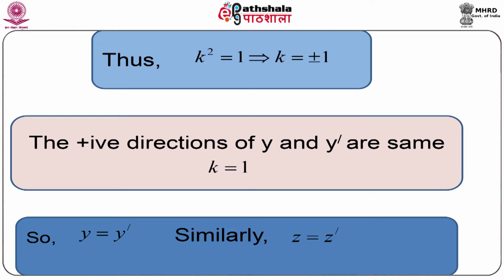Taking square root, we get k equal to plus minus 1. Since positive directions of y and y' are the same, please recall the figure, we can take k equal to 1, hence we have y equal to y'. Similarly, one can easily prove that z equal to z'.